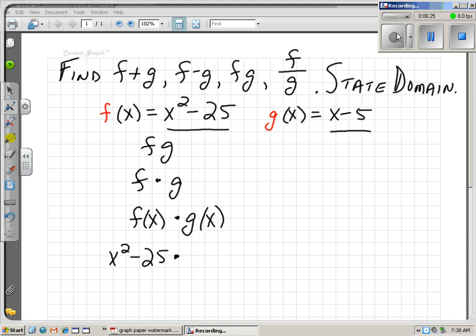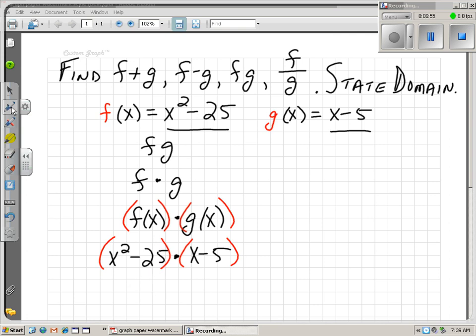That's x minus 5. Now notice, I'm not just multiplying the 25 times the x. I'm not just multiplying those two numbers. I'm multiplying the first function times the second function. So I need parentheses around the first function and parentheses around the second function. I don't want to just multiply the 25 times the x. I want to multiply the whole first function times the whole second function. All right, so let's do that.